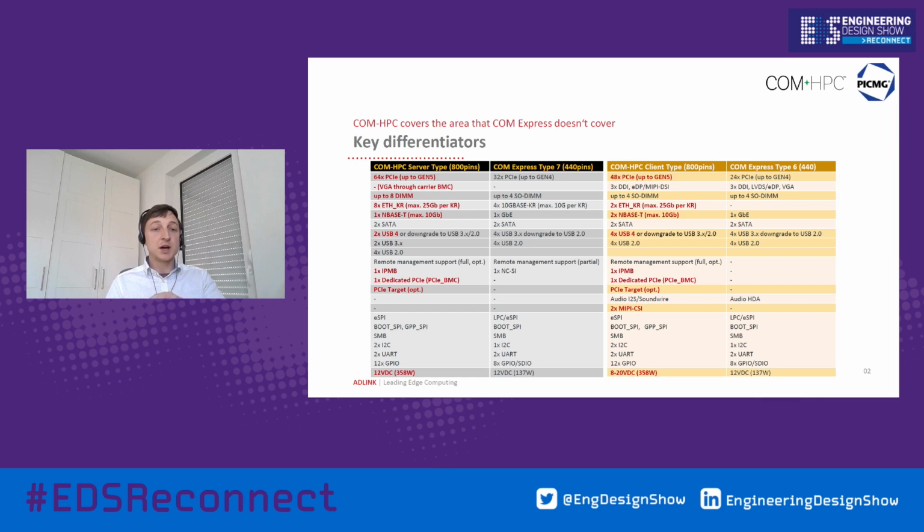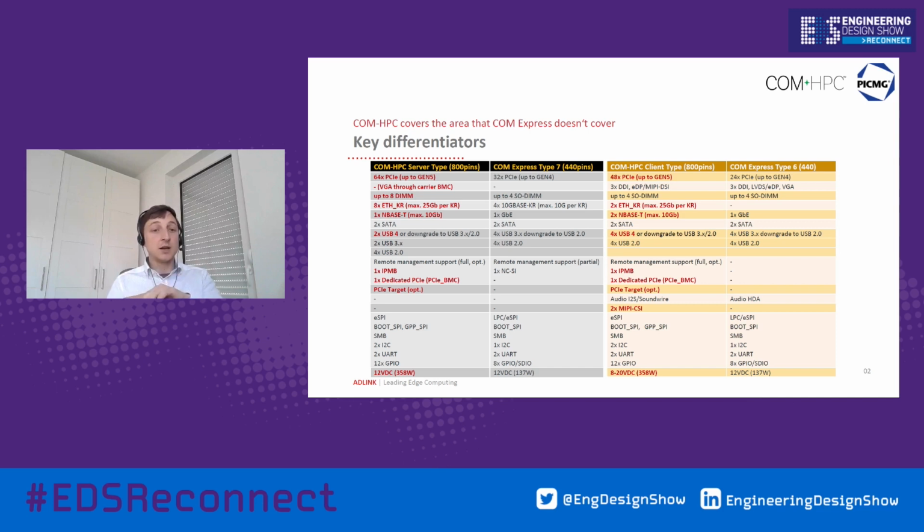Server applications are really hungry with regards to system memory. For this reason, COM-HPC switched from SODIMM to DIMM memory, which offers twice the memory in direct comparison, and which is the best trade-off, by the way, between cost and performance.